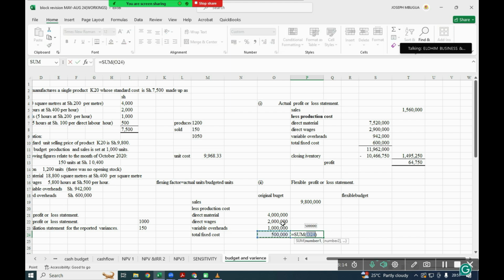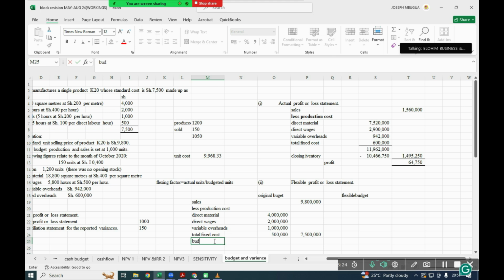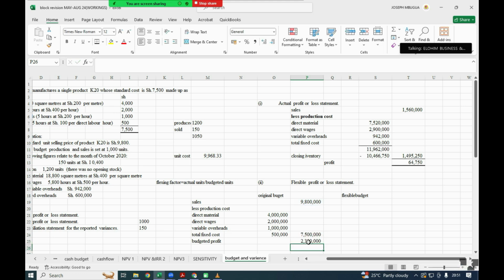So the total of them will give us 7.5, and our budgeted profit, which will be the difference between the two, minus this one, will give us 2.3. So that was the profit that was actually budgeted.